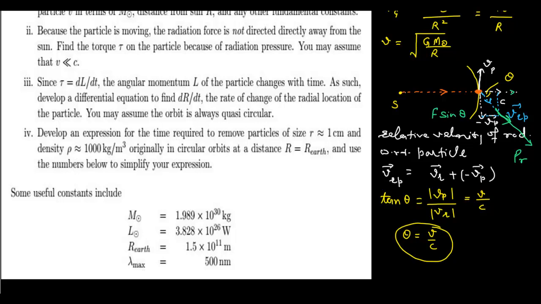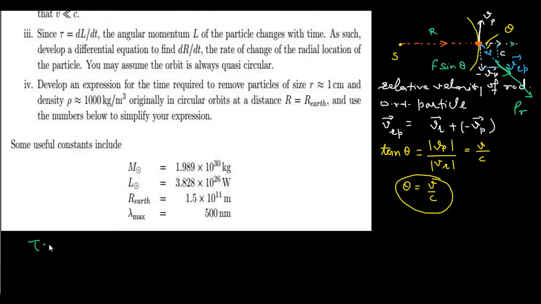Clear? And this distance given is r. So in order to calculate the torque that is acting on the particle, we can write tau, the torque, is equal to force into perpendicular distance, and this force here is basically F sine theta. Clear? So this force is acting in this direction and it is perpendicular to this separation, so the torque acting on the particle is this.